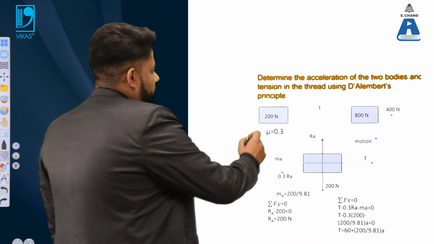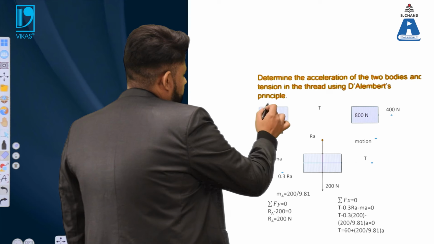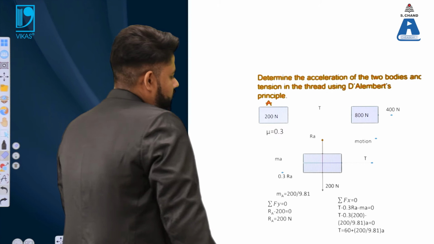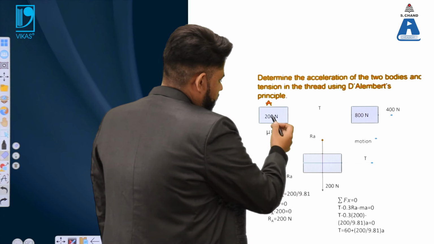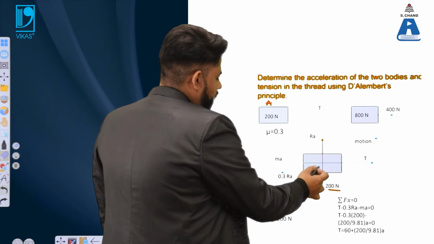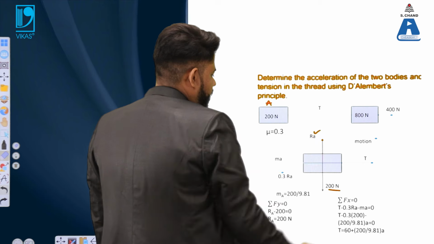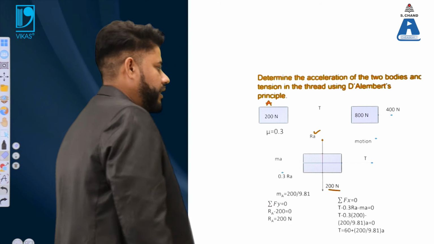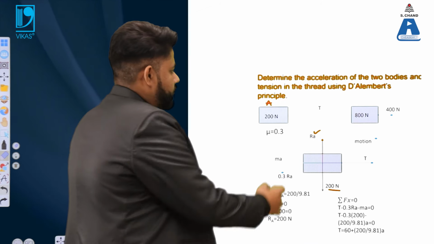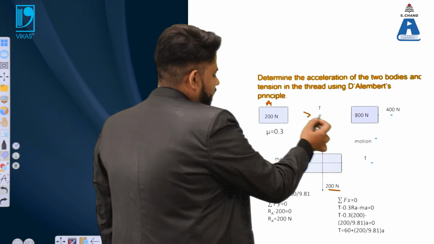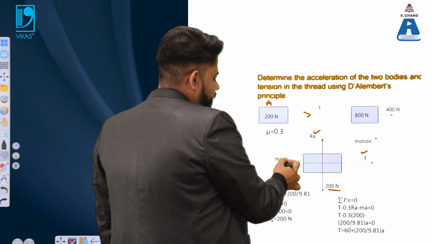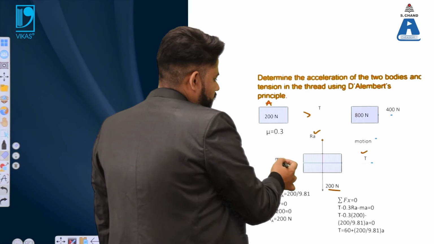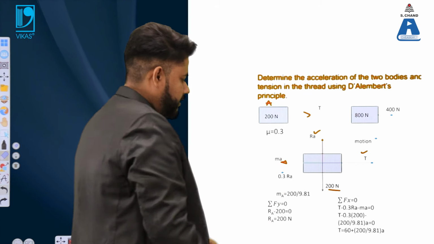First and foremost, we consider object A. Object A has a force of 200 Newton, and to balance it we have another reaction force, Ra. The tension in the thread is T, and applying D'Alembert's principle, we have to give the force which is equal and opposite.